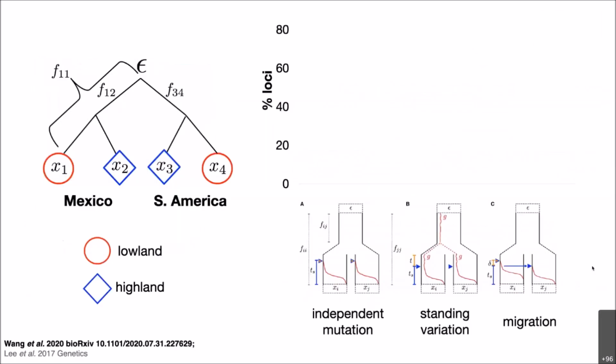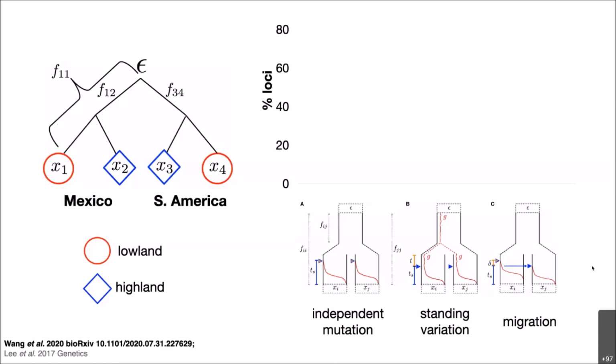And we then set about asking, well, what's the origin of this convergent evolution at the level of individual loci? And we used a nice approach from Kristen Lee and Graham Coop, which takes a simple tree-like structure of populations. So you build a population tree, and then at any individual selected site, you use the covariance in allele frequencies moving away from that selected site to differentiate between a number of different models of the origin of that selected site.